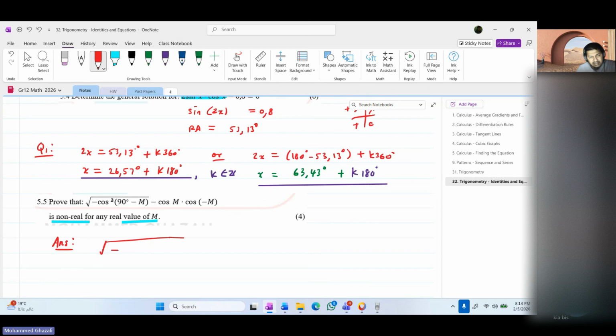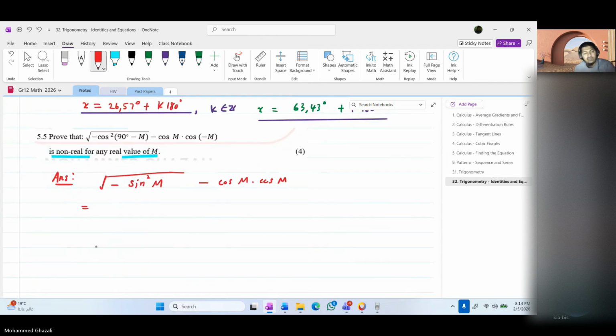That's already a co-ratio, cos of (90 minus m), so that will become negative sin squared m, minus cos squared m, because cos of a negative angle is cos positive. So let's write cos m times cos m. Negative sin squared m.